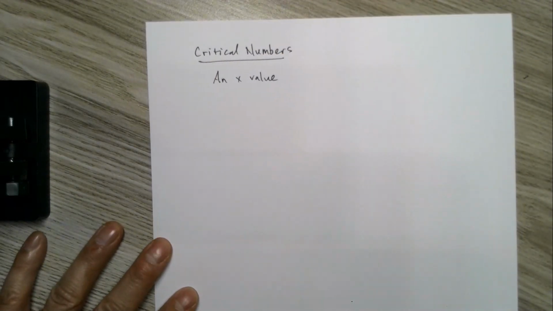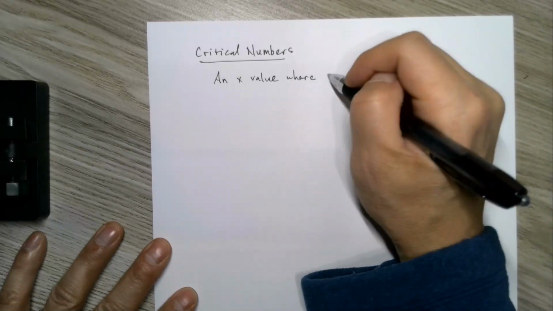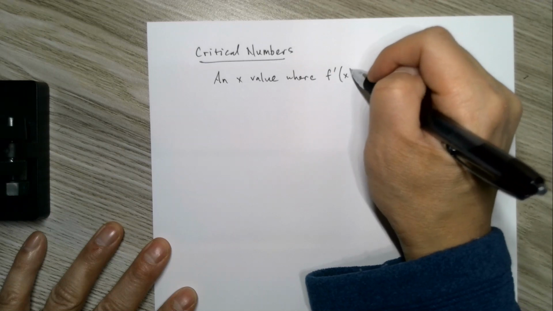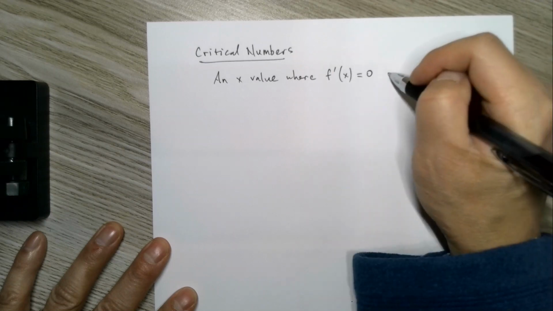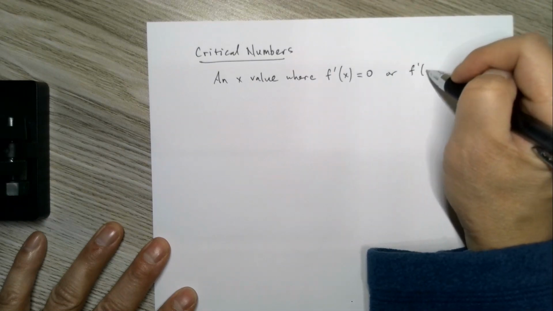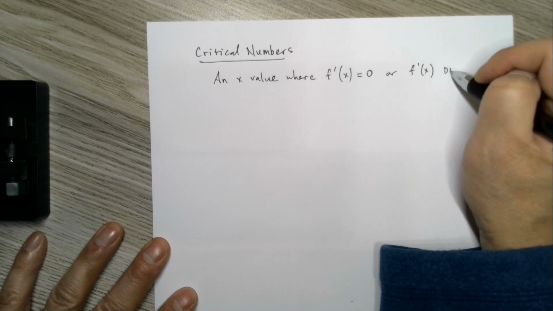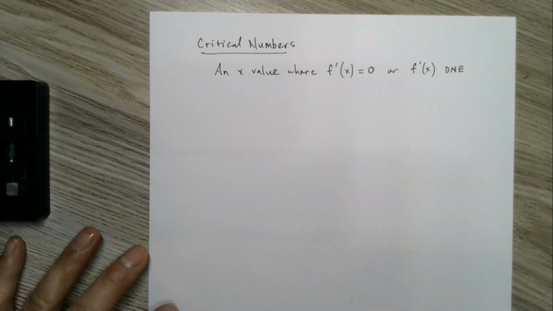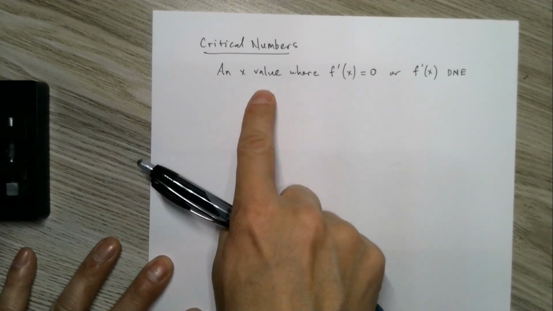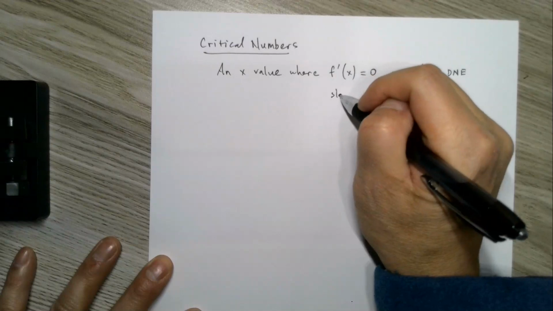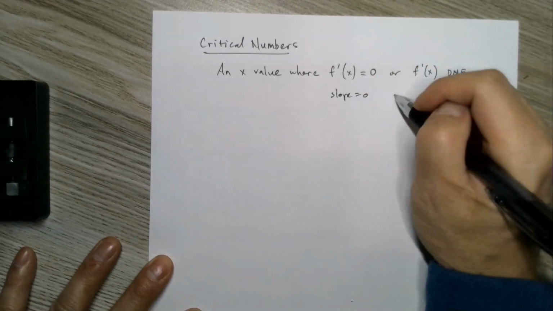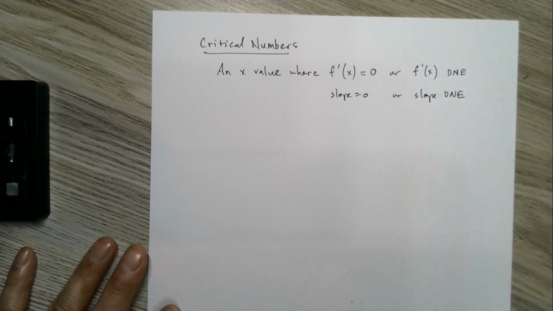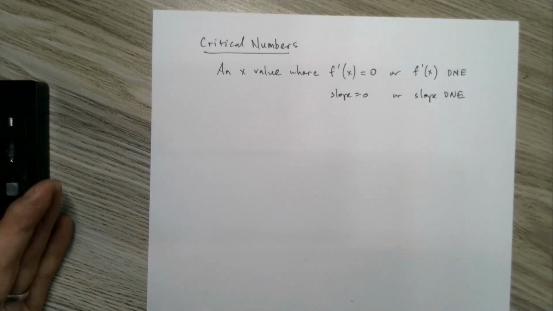It's an x value where f prime of x equals 0, or f prime of x does not exist. In other words, it's an x value where the slope equals 0, or slope does not exist.